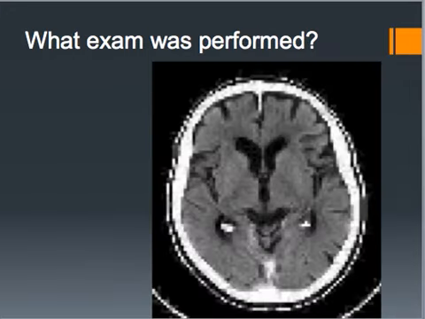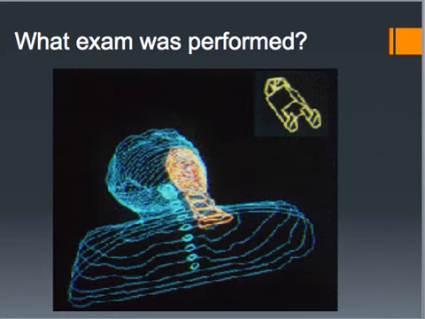What exam was performed on this patient? This is a head CT. And then last but not least, what exam was performed on this patient? This is radiation therapy. Again, this is mapping of the tumor within the patient so they can apply treatment to that area.